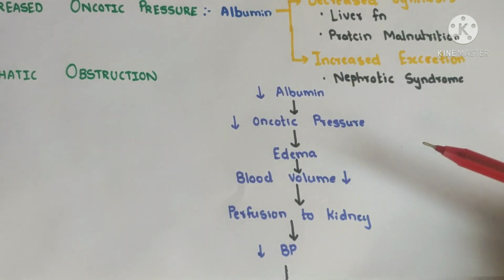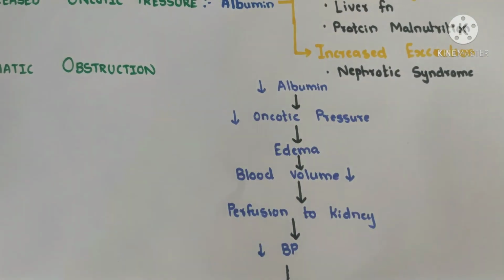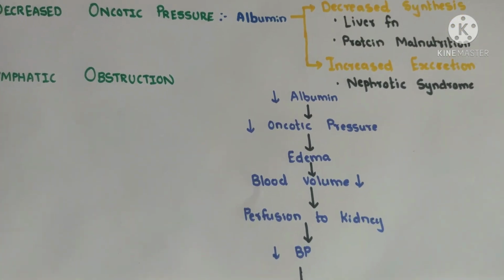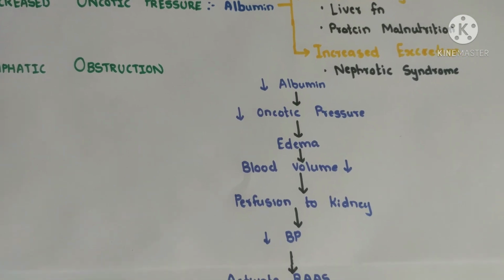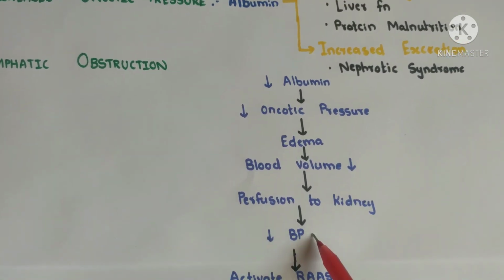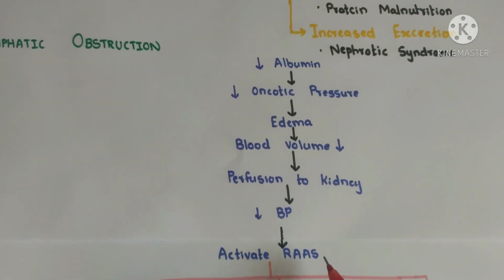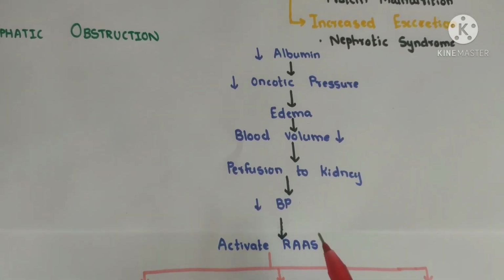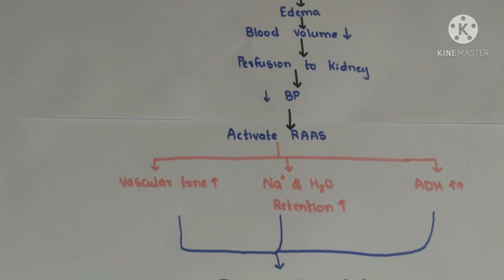Due to this, the perfusion to all the tissues will also be reduced as blood volume itself has been reduced. Hence, our kidney will also feel hypoperfusion. So it will think, oh, our blood pressure is reduced. Let me activate the RAS system, that is the renin-angiotensin-aldosterone system.